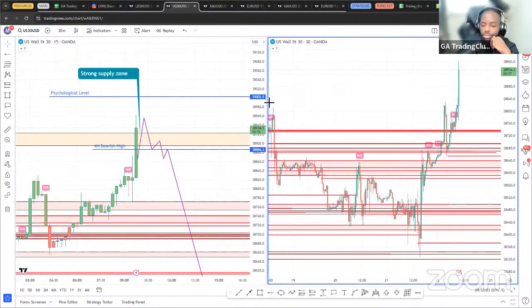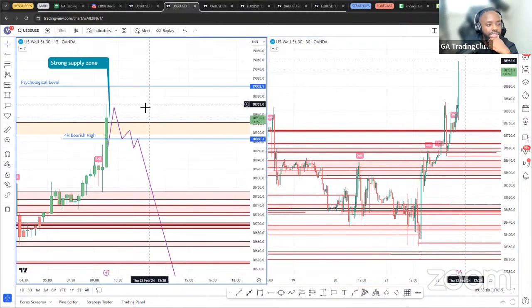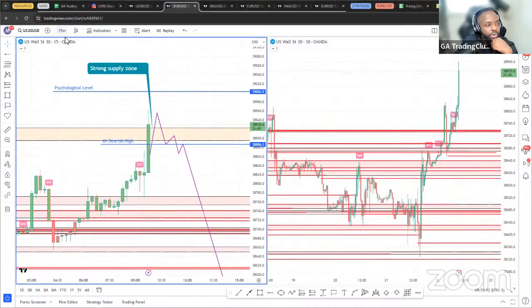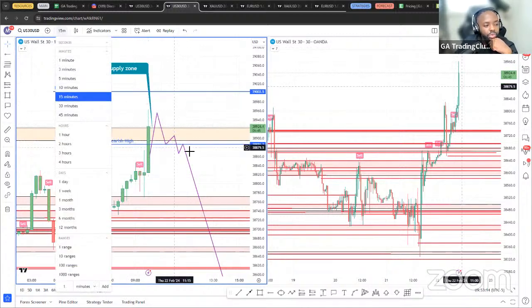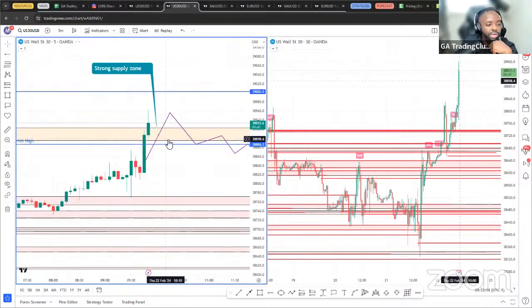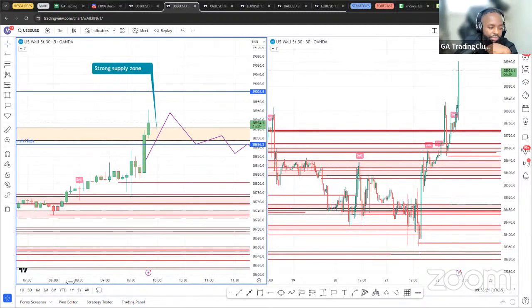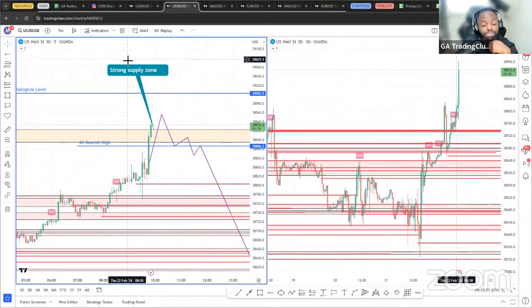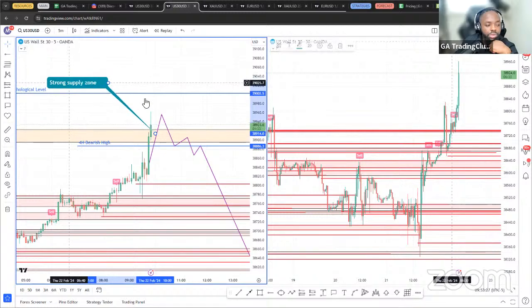Let's see. So we already have this. We need this pattern to play out for me to take this entry. At this point they're picking up supply, right? Now, what we need here, we need to start seeing on the 5-minute time frame lower highs and lower lows being created.